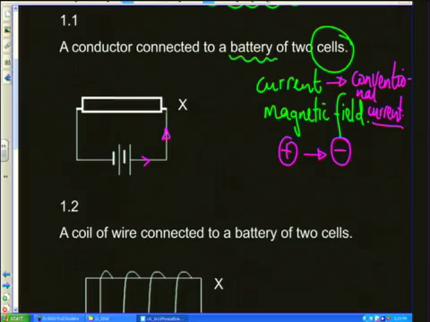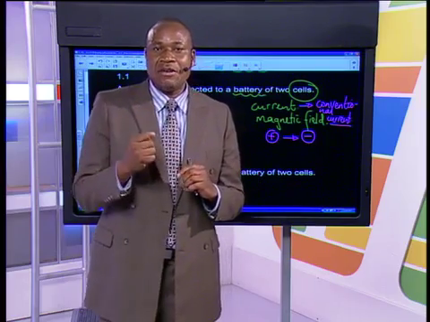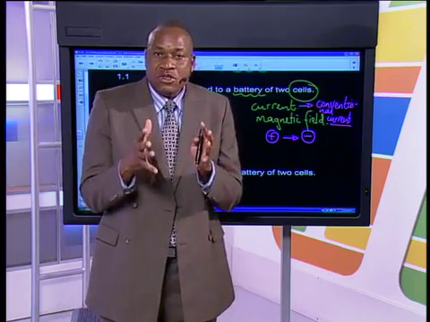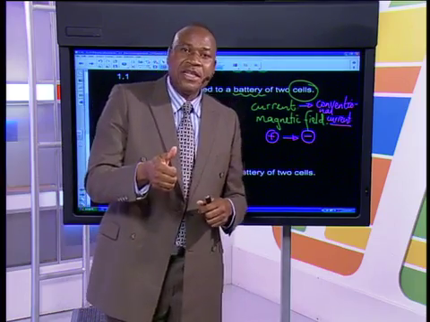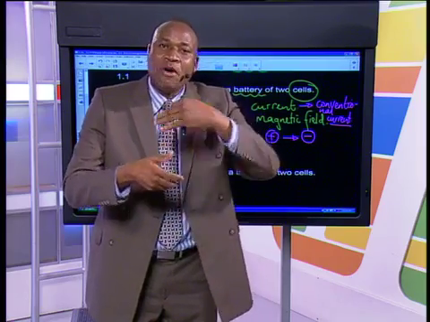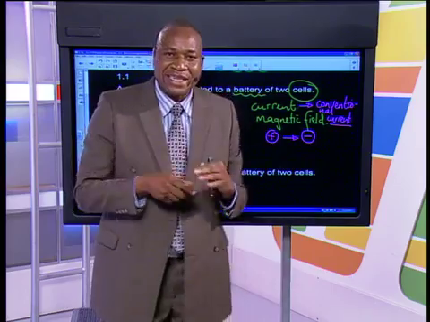When we are to find the direction of the magnetic field around a current carrying conductor, we are to use the right-hand rule. The right-hand rule says my thumb must point in the direction of the current, and my curled fingers will then be pointing in the direction of the magnetic field.